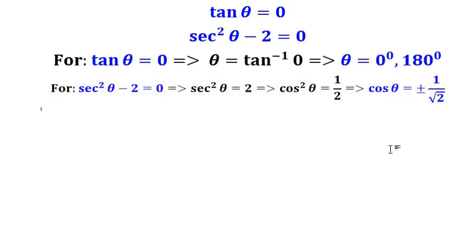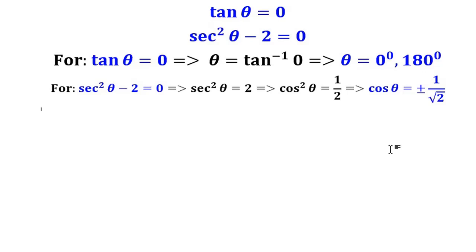Now notice that cosine theta is positive in the first quadrant. That means 1 over square root of 2 in the first quadrant, and it is positive in the fourth quadrant. That means 1 over square root of 2 will be in the fourth quadrant. Then cosine theta is negative in the second and the third quadrant.